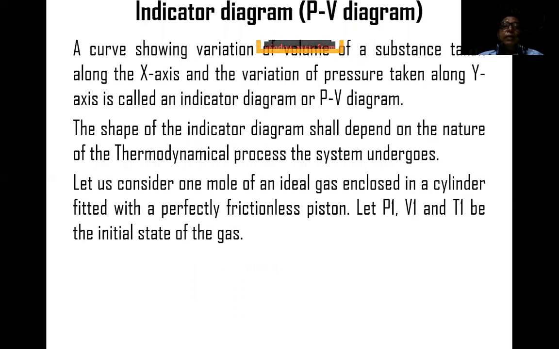And now, the indicator diagram, the PV diagram. Even if only its definition is written, it is asked for 2 marks, and a full answer is needed for 3 or 4 marks. What is an indicator diagram? A curve showing the variation of pressure with volume of the substance taken, with volume taken along the x-axis and pressure along the y-axis, is called the PV indicator diagram.